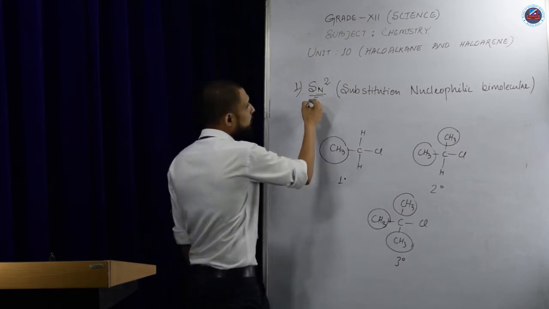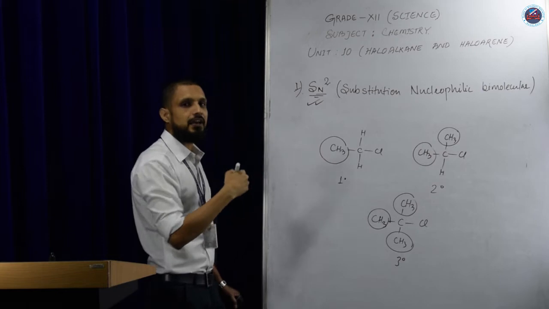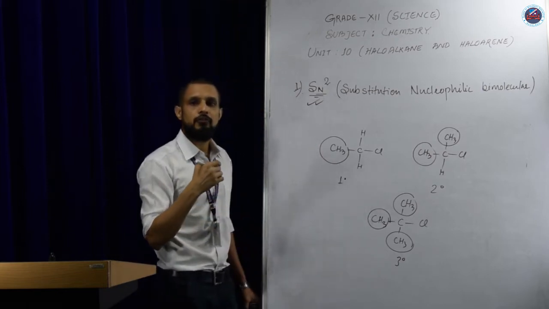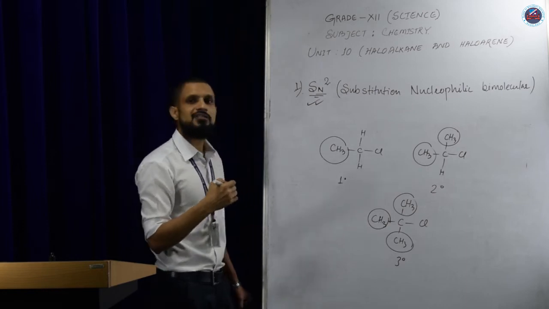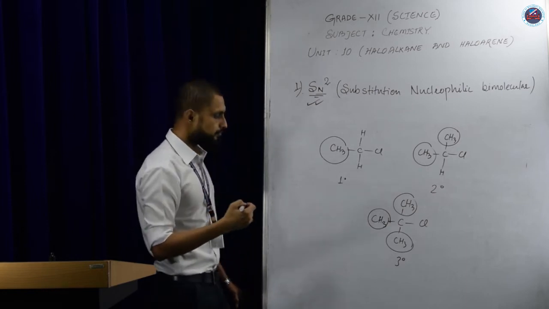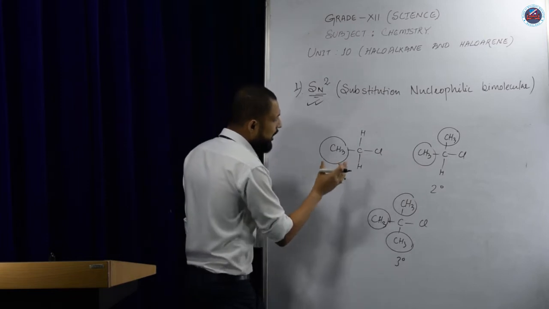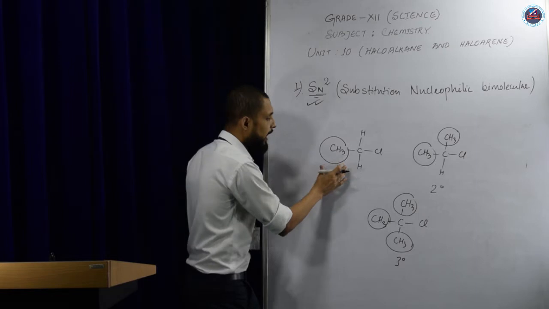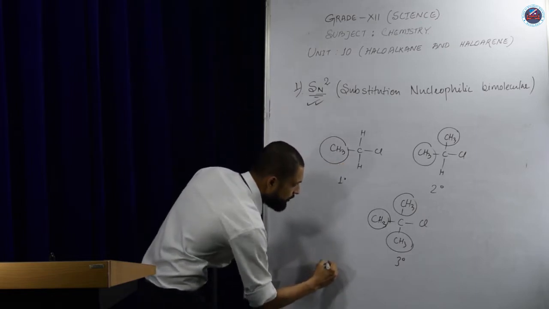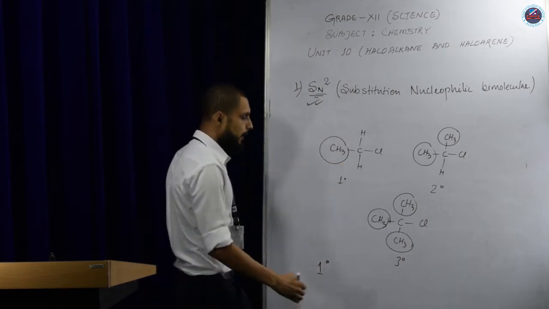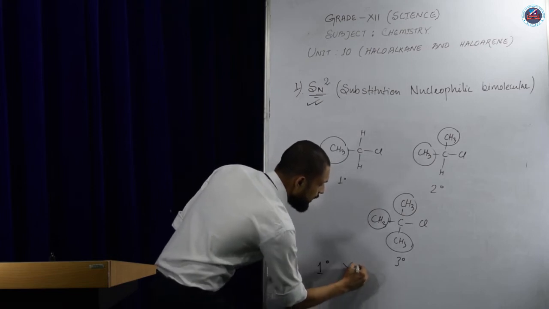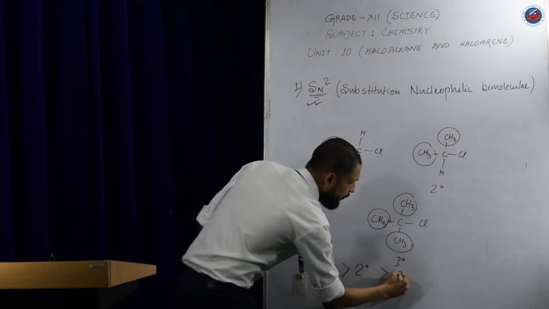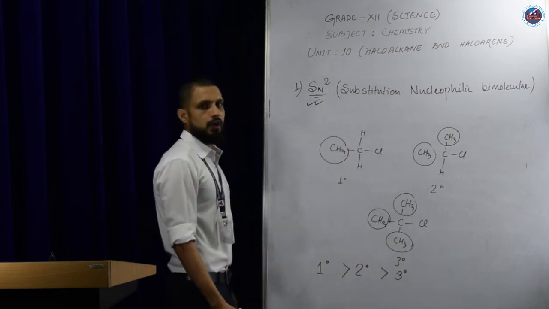Since Sn2 involves backside attack, steric hindrance plays a very important role in deciding the reactivity order. Since primary has minimum steric hindrance, it will have maximum reactivity. So 1 degree haloalkane will be more reactive than 2 degree haloalkane, and 2 degree haloalkane will be more reactive than 3 degree haloalkane.